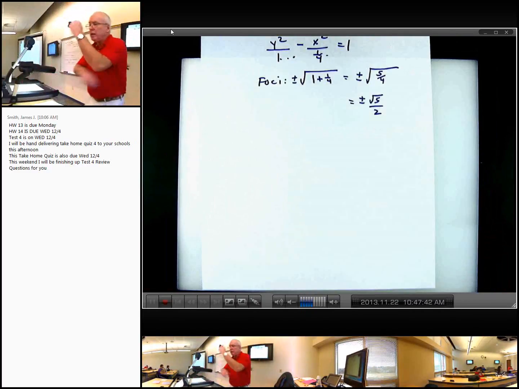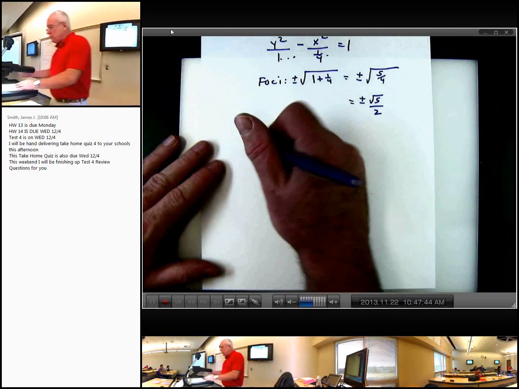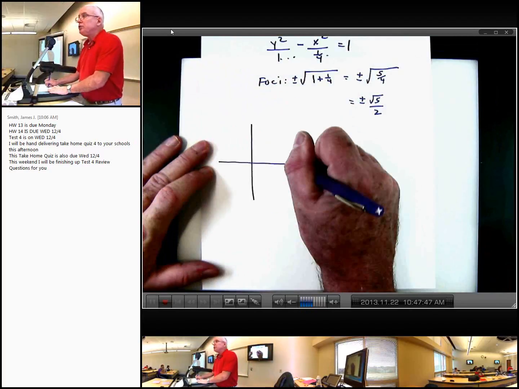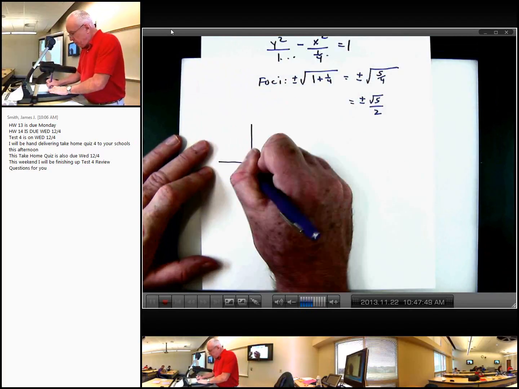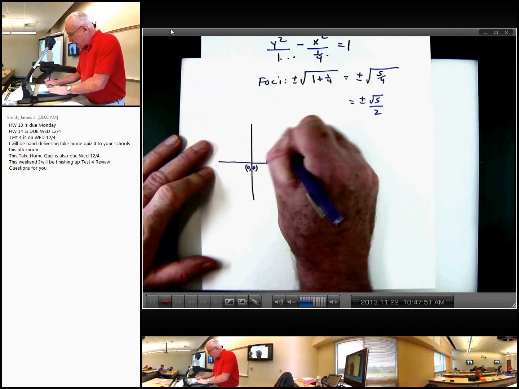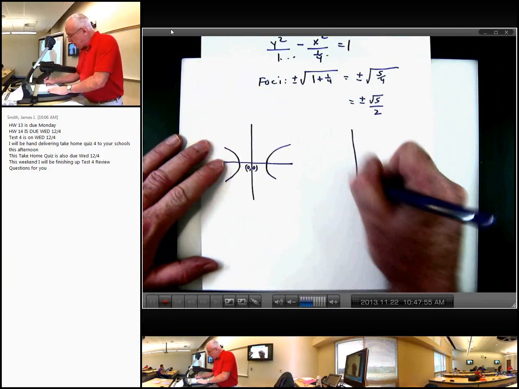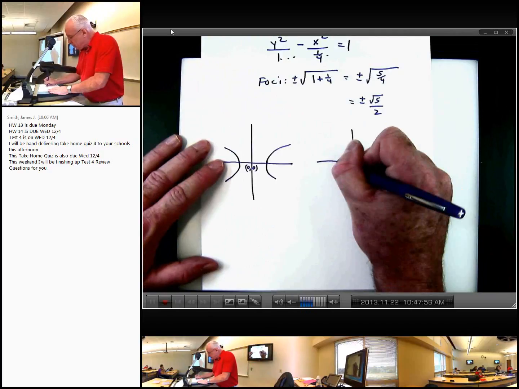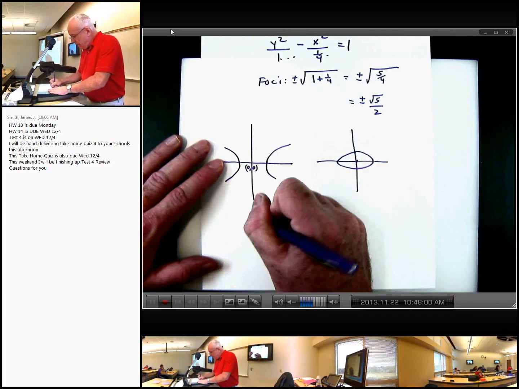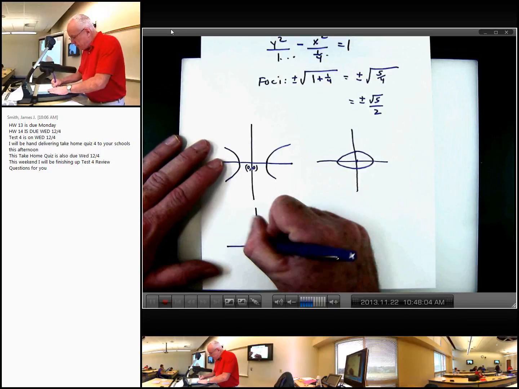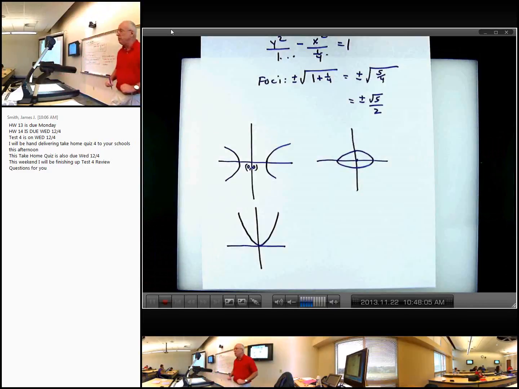And this is when, notice all the ones we've done so far have been centered on 0, 0. We've had hyperbolas centered on 0, 0. We've had ellipses that are centered on 0, 0. And our parabolas had their vertex at 0, 0.